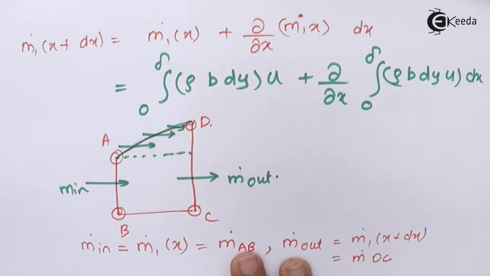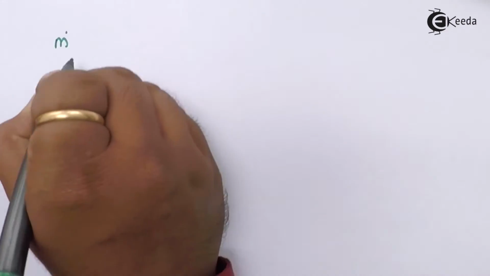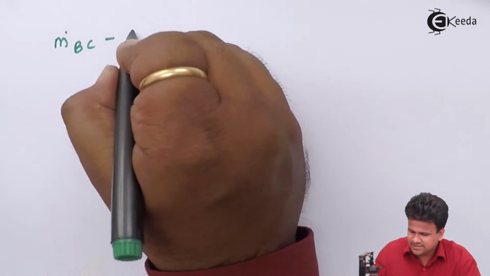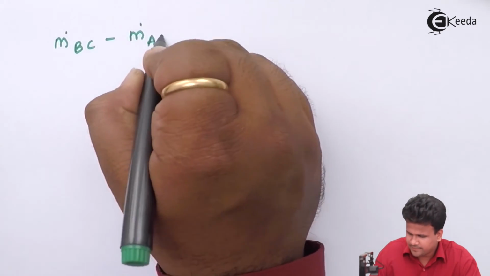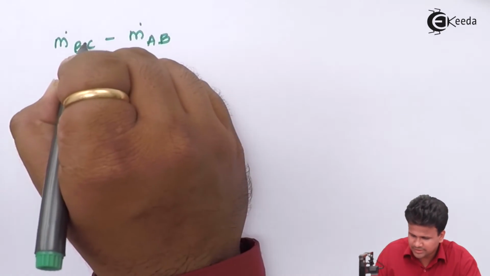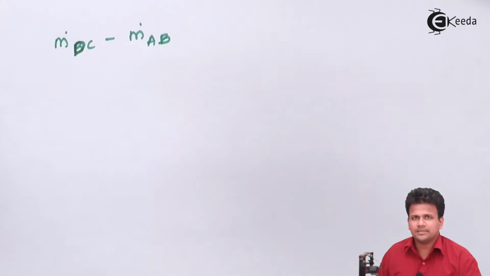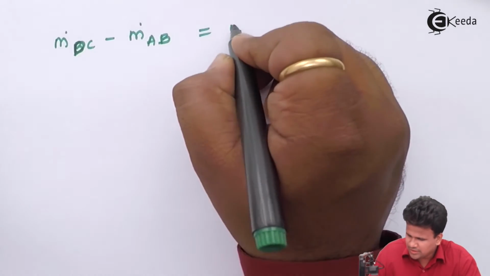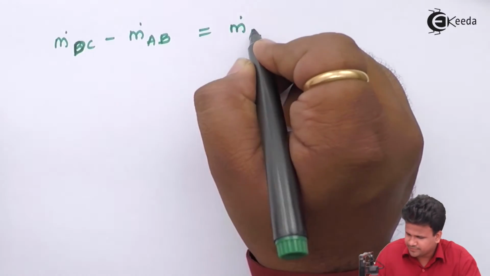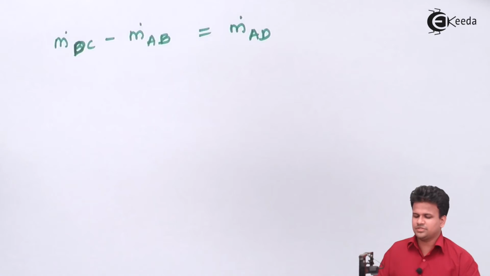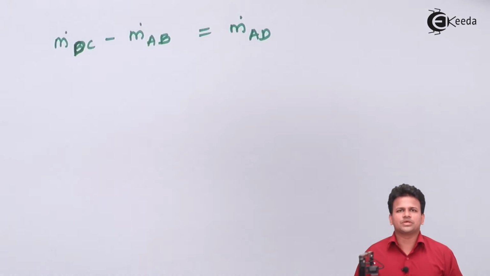So from the law of conservation of mass, we can write m dot DC, which is the larger mass flow rate, minus m dot AB equals m dot AD. So mass flow rate out minus mass flow rate in is equal to the mass flow rate going through AD.